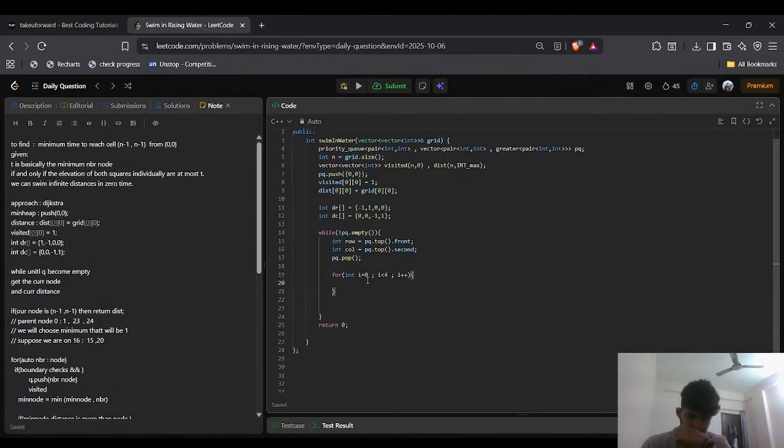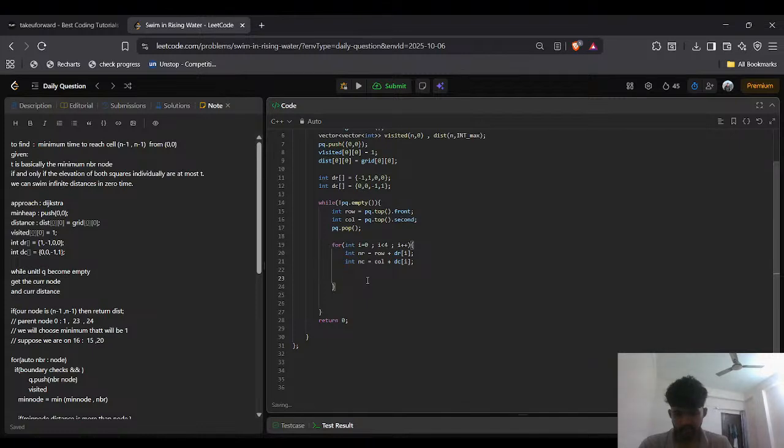Then we can calculate our new row, which will be row plus dri. Similarly, we can find our new column, which will be current column plus dci.